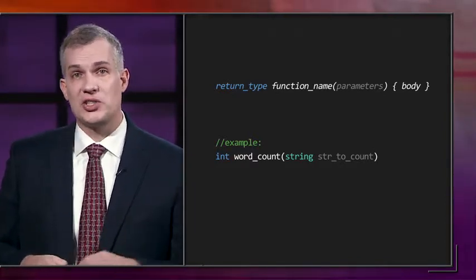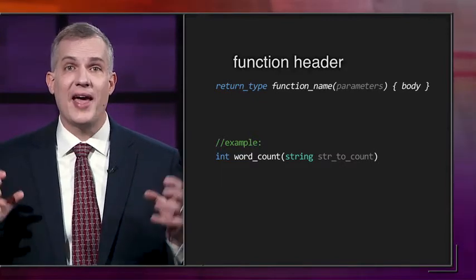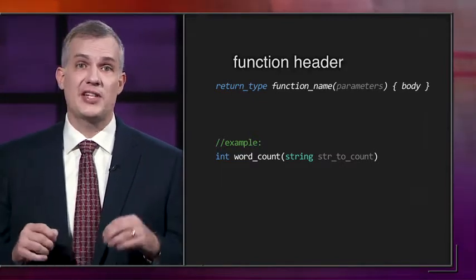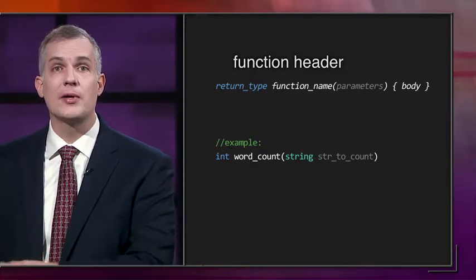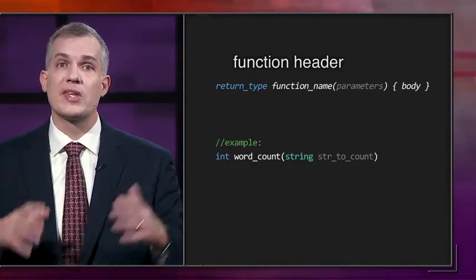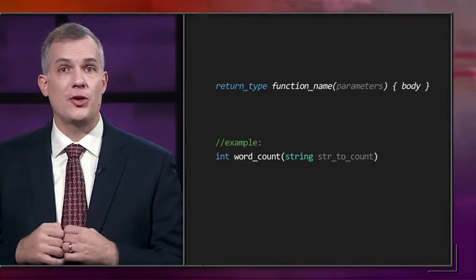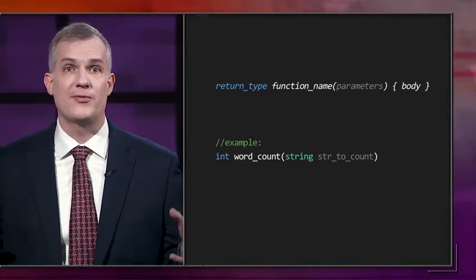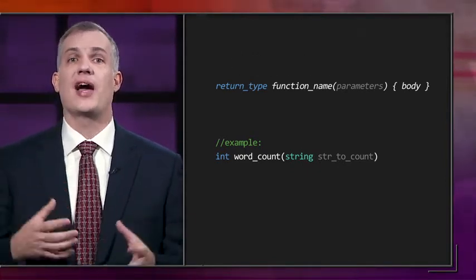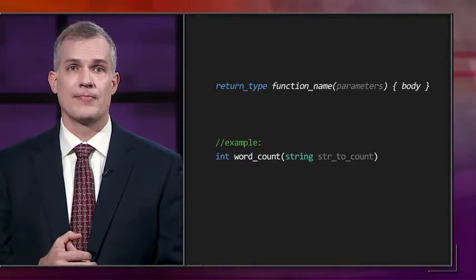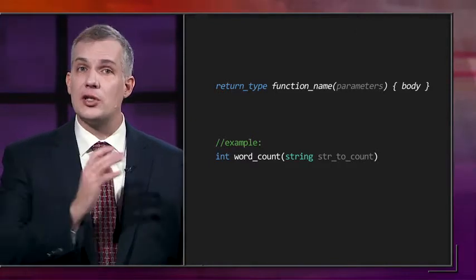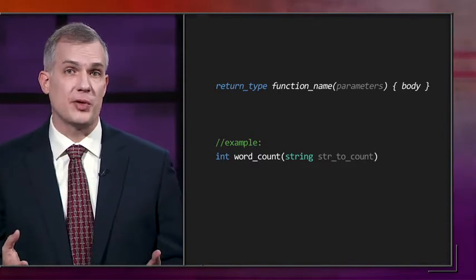The part of a function up to this point is called the function header. That is, the function header contains the return type, the name of the function, and the parentheses giving the parameter list. The function header contains all the information needed for the black box of the function to interact with the larger program. Now finally, after the parentheses will be a pair of curly braces.